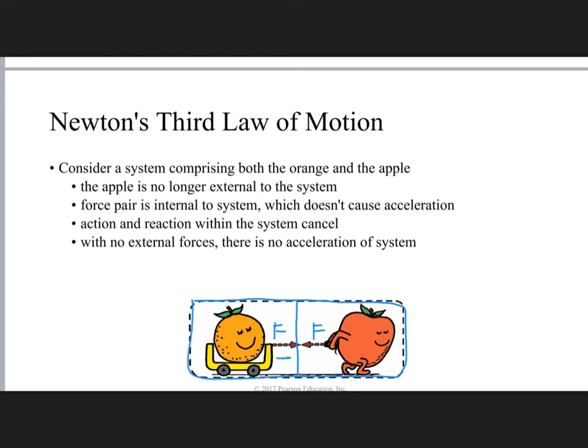There's not going to be any acceleration caused by these two forces because they're an action-reaction pair within the whole system, and they cancel. That means this system as a whole will not accelerate.